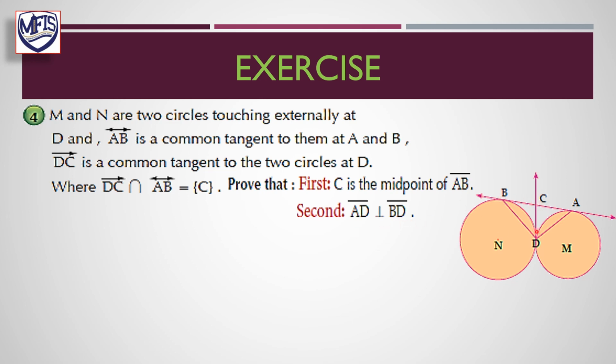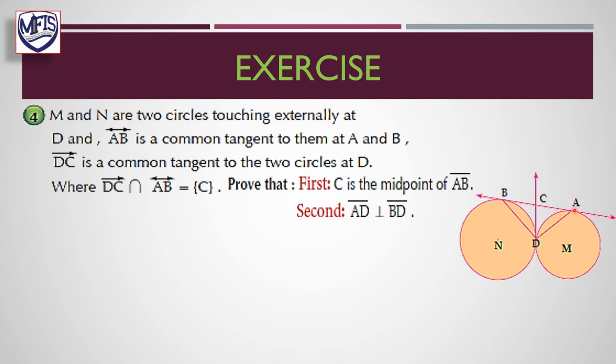The second required, how to prove that this angle ADB equals 90 degrees. Now, here I have two chords, one of them a chord of circle M and the other a chord of circle N. Look at the triangle ACB.